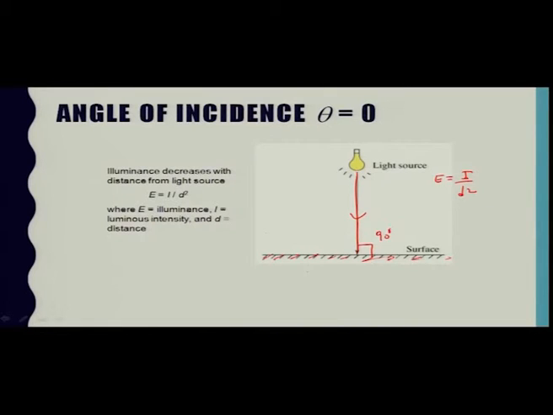This figure gives you the angle of incidence defined for this equation, and since it is always measured from the perpendicular, theta is defined with the perpendicular line of the distance from the source and surface.